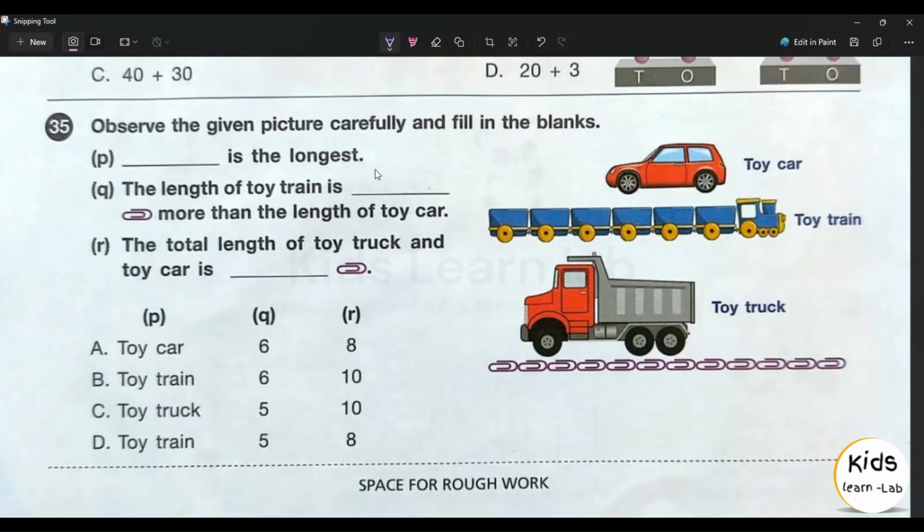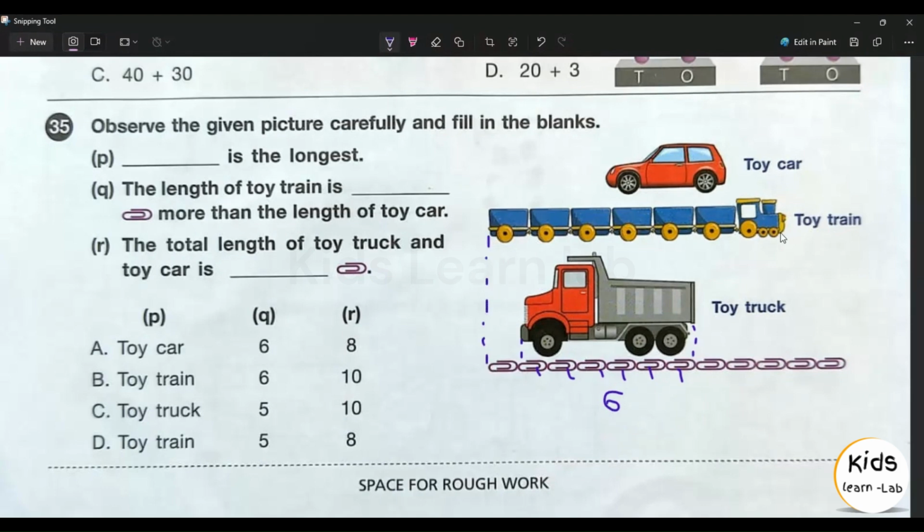35th question. Observe the given picture carefully and fill the blanks. Dash is the longest. The length of toy train is dash more than the length of toy car. The total length of toy truck and toy car is dash. So toy truck length is 1, 2, 3, 4, 5, 6. So toy truck is 6.